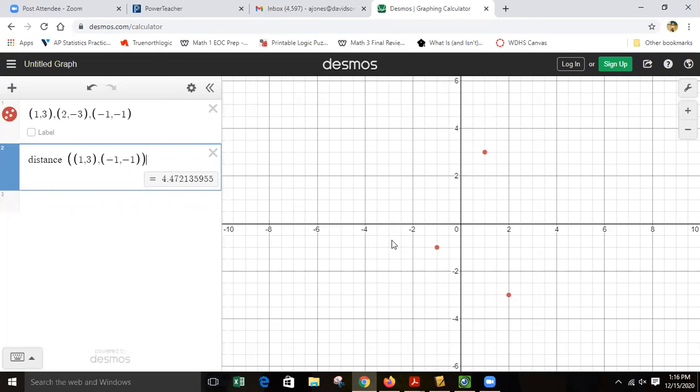Then I'm going to do another point. I'm going to do -1, -1, and the 2, -3. And I'm just going to change this one to say 2, -3. And I get 3.605. The last one I need is 1, 3 and 2, -3. So I'm going to change this one to 1, 3, and I get 6.082.